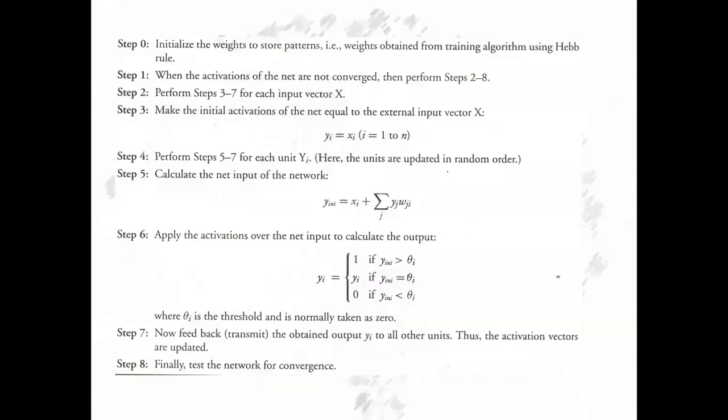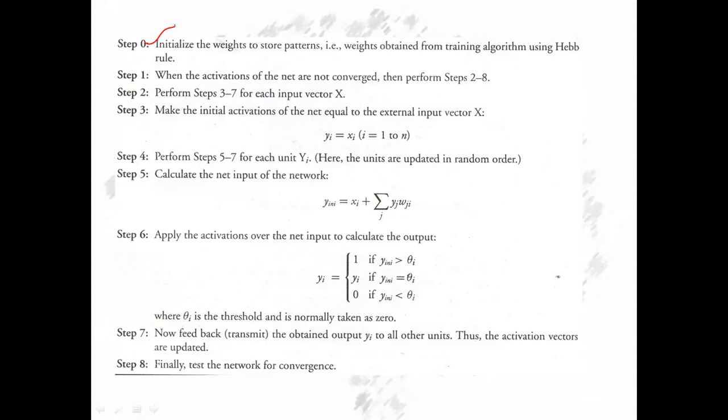Now let us go through the algorithm to be followed for this Hopfield neural network learning. The first step is that we need to initialize the weights to store patterns. The weights are to be initialized using Hebb's learning rule, which further depends upon whether the input and output are bipolar in nature or binary in nature.